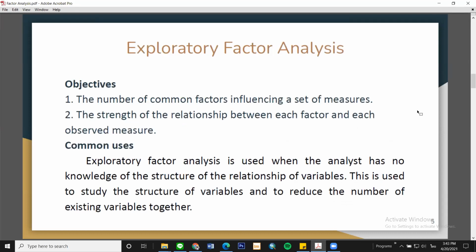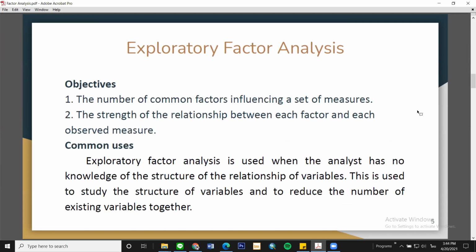For exploratory factor analysis, the objective of this method has two points. The first is the number of common factors influencing a set of measures. The second is the strength of the relationship between each factor and each observed measure.